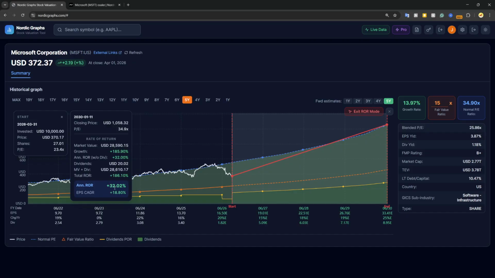So that's actually very good. For this period, full growth would be 185%, and we would also get some dividends during this period.